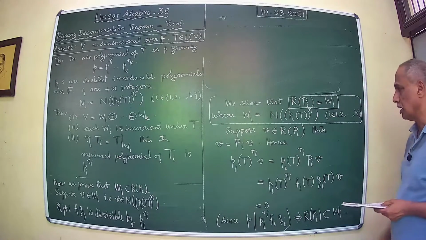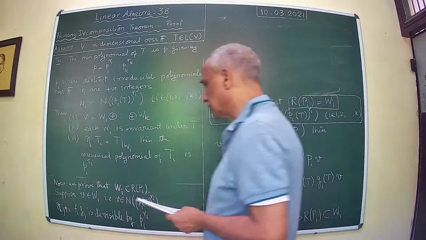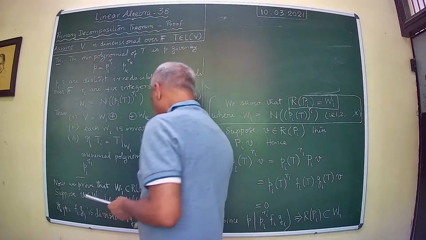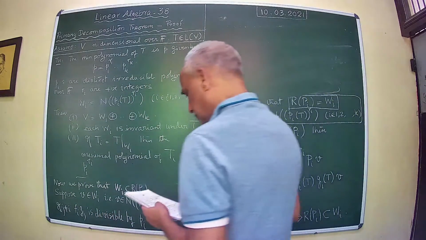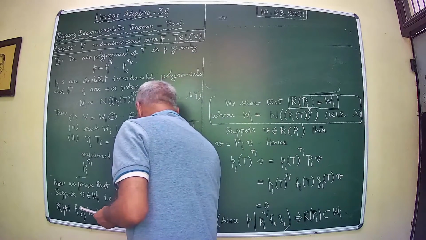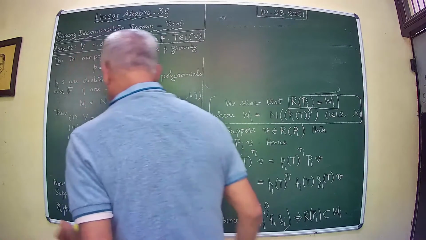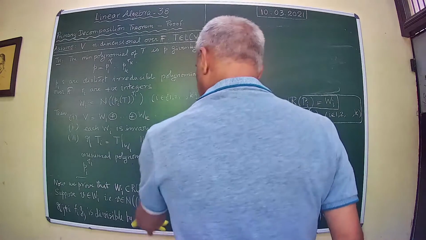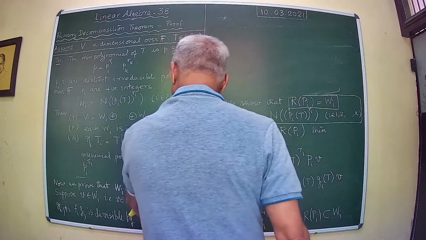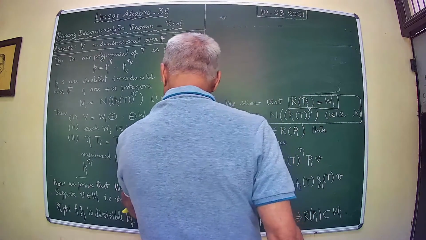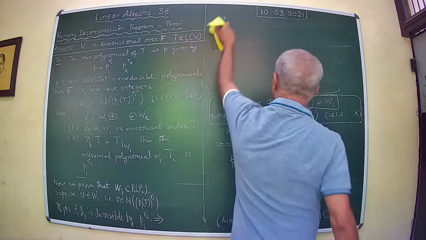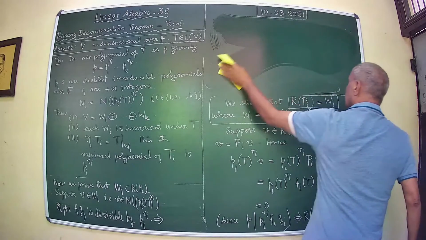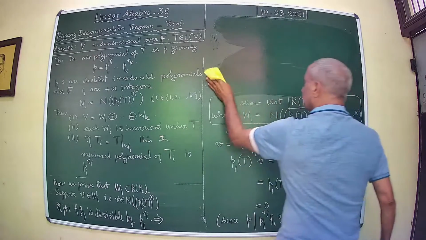So if it is not there in this, then it comes from the other one. Therefore, what do you get? This implies already v is in the null space of this. That means Pi T to the power ri v equal to 0. Therefore, we immediately infer as before.